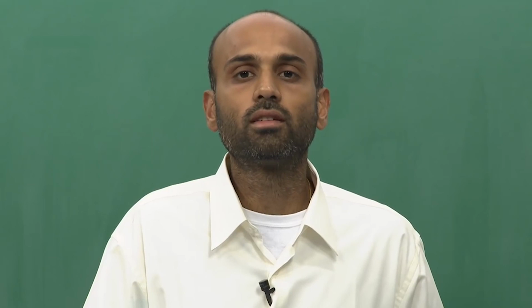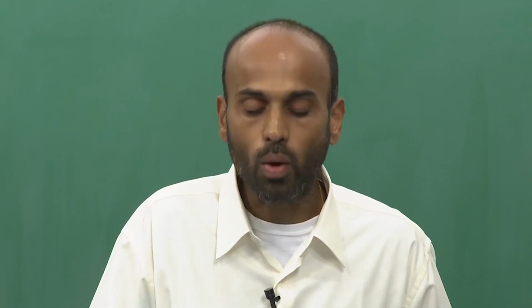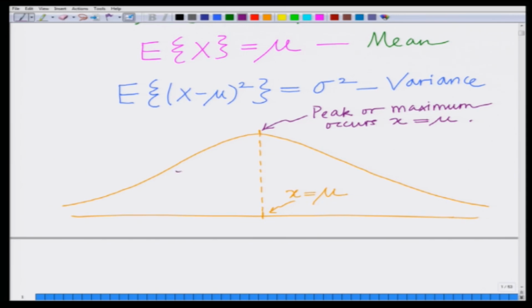The width of this curve is proportional to sigma square, that is the variance. This is also known as a bell shape, because it looks like a bell.